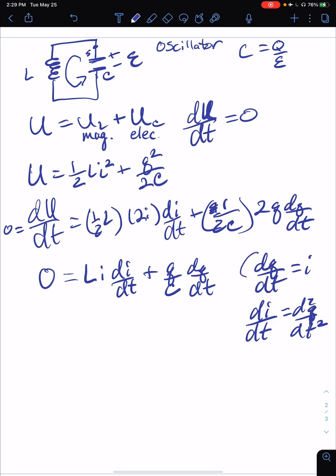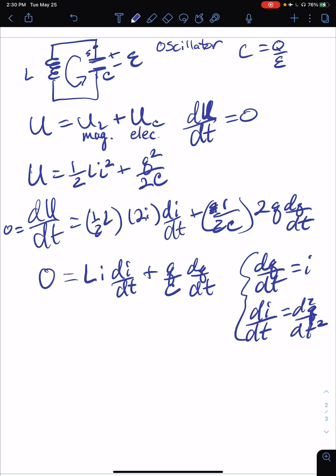It's not obvious that we do. We have to remind ourselves that the current is literally defined as dq/dt. And if I'm taking the derivative of i, then that's the second derivative of q. This is kind of like velocity is the derivative of position versus time, and acceleration is the derivative of velocity. It's the same idea.